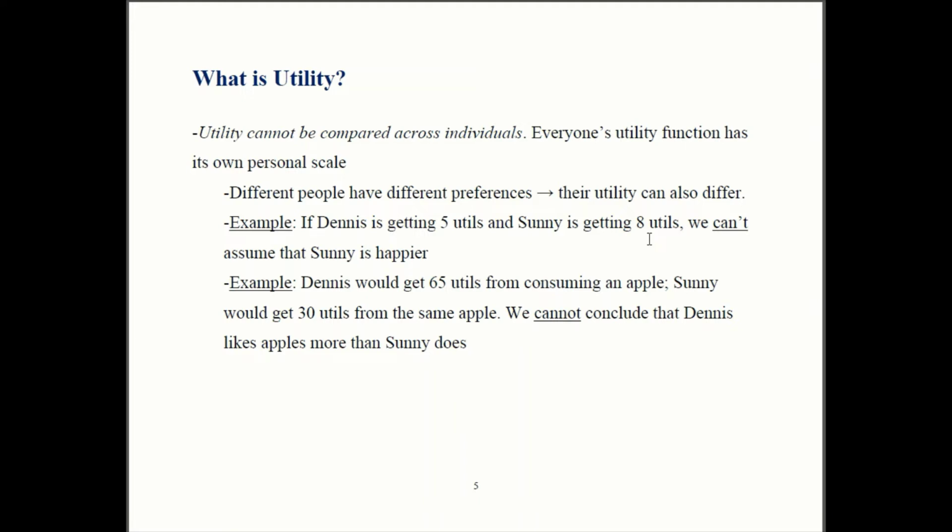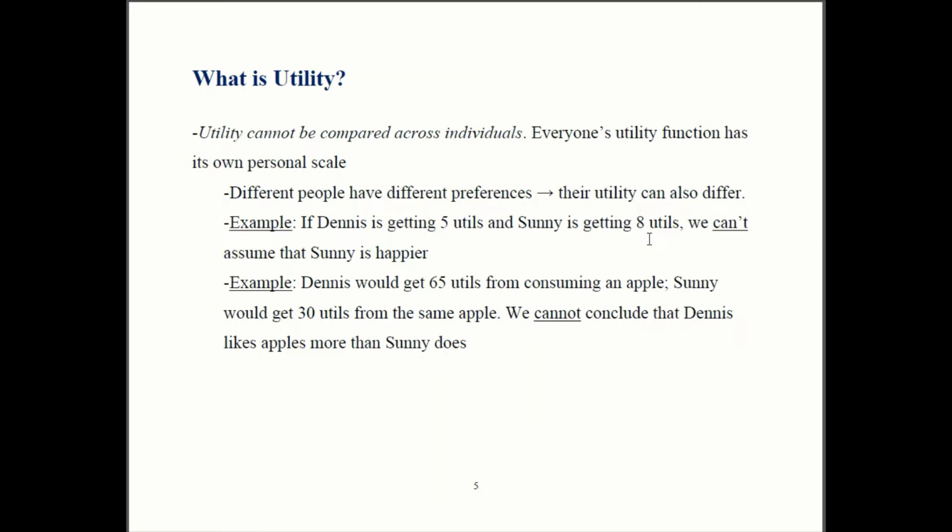You're both consuming an apple, and Dennis gets 65 utils from that, while Sunny's only getting 30 utils. Don't conclude that Dennis likes apples more than Sunny does. You can't assume that. Again, their personal scales differ. You can compare utility for the same person making different choices, but not for different people.